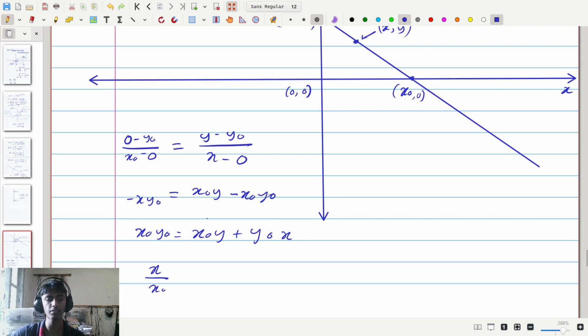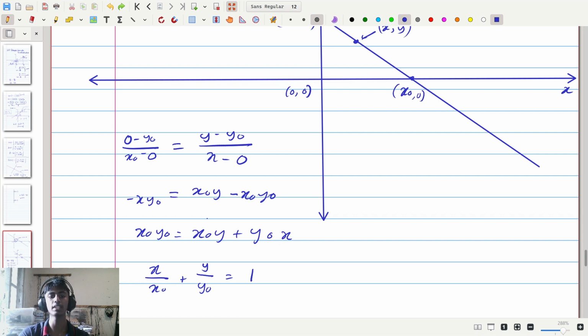So x divided by x0 plus, for this term, when we divide by x0 y0, the x0 is going to be cut and we have a divide by y0. So we have y divided by y0 equal to, here when we divide this side by x0 y0, we get x0 y0 divided by x0 y0, which is equal to 1. So therefore we get the format of x divided by x0 plus y divided by y0 equal to 1.